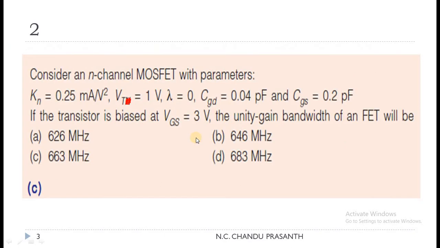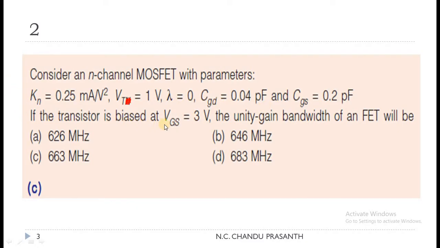Okay, next one, second bit. Consider an N-channel MOSFET with parameters Kn equal to 0.25 milliampere per volt square, Vt equal to 1 volt, lambda equal to 0, CGD (gate to drain capacitance) equal to 0.04 picofarads and CGS equal to 0.2 picofarads.